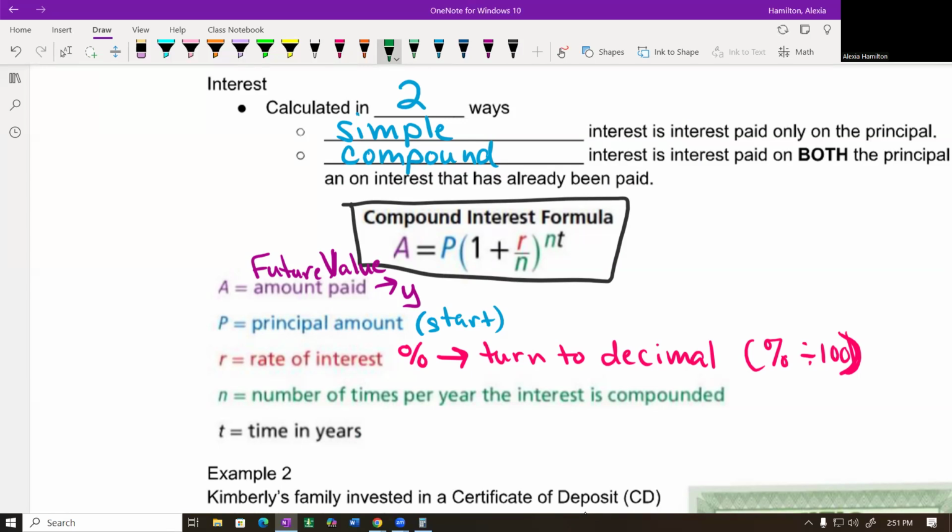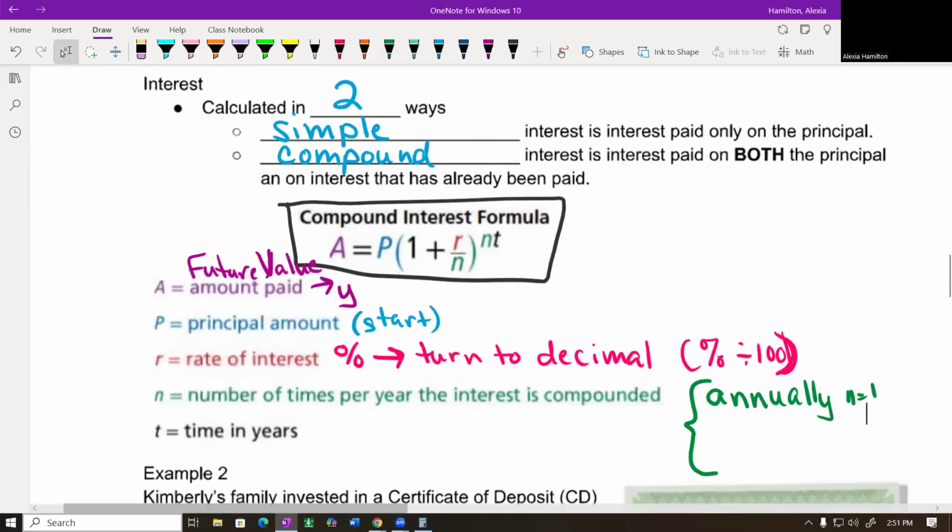So if you get your interest compounded annually, then N is going to equal 1. I'm going to scroll to the right. N equals 1, because you only get your interest one time every year.